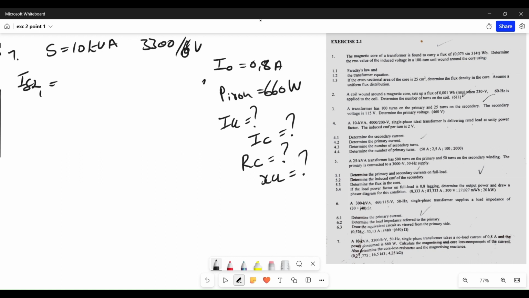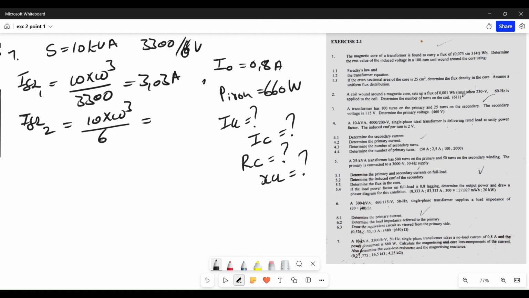I'm going to calculate I full load 1, which is 10 times 10 power 3 divided by 3300, which is 3.03 amperes, and then I full load 2, which is 10 times 10 power 3 divided by 6, which is 1666.67 amperes.